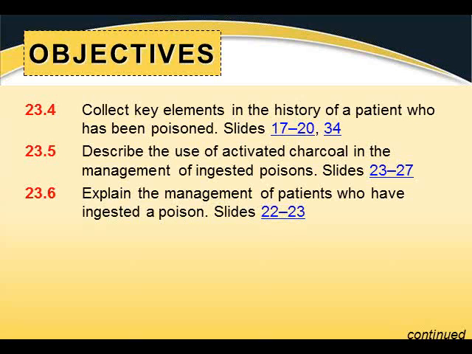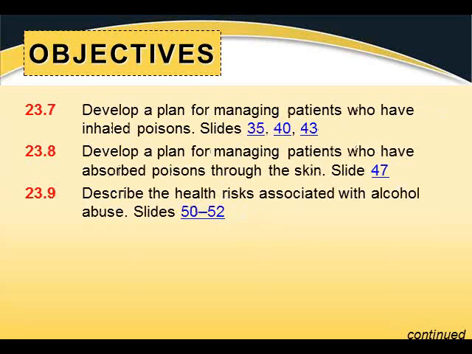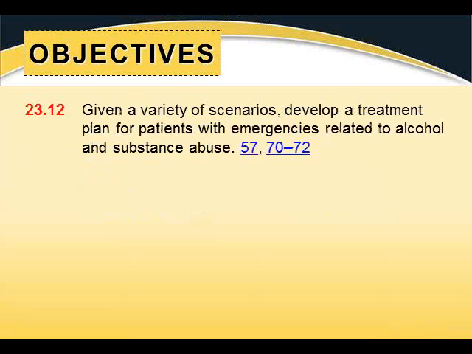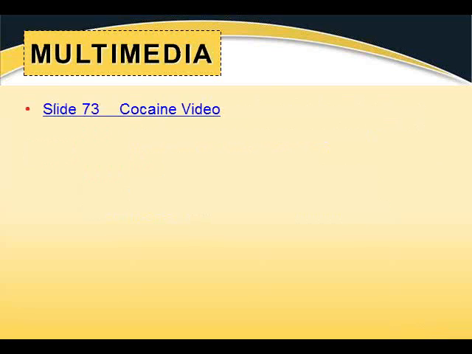So we obviously have our objectives on pages 545 and 546 in the text. There's a number of objectives for this chapter. The thing about poisoning and overdose is really we look at a couple of different routes that poisoning and overdose occur through, and kind of look at it from that direction.